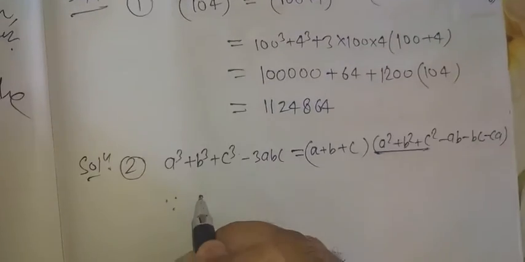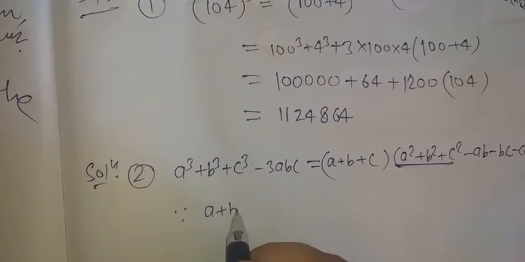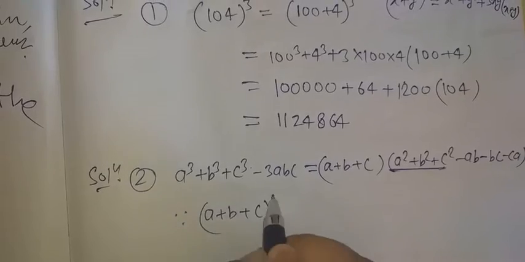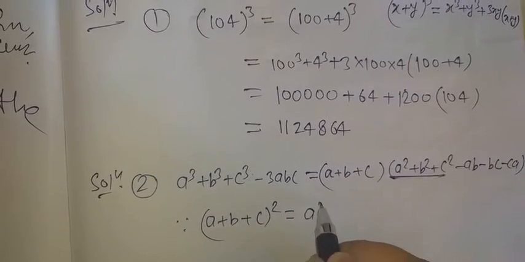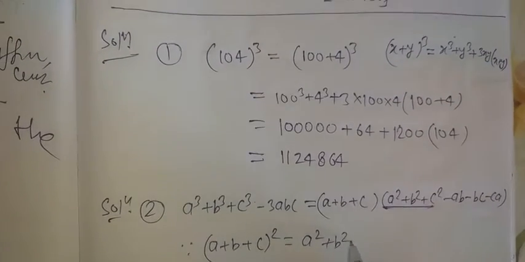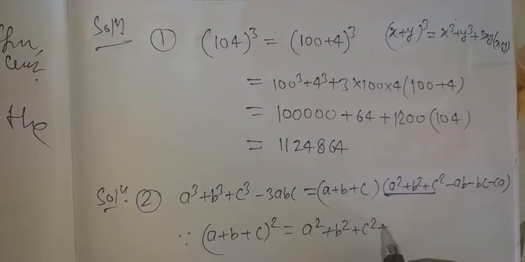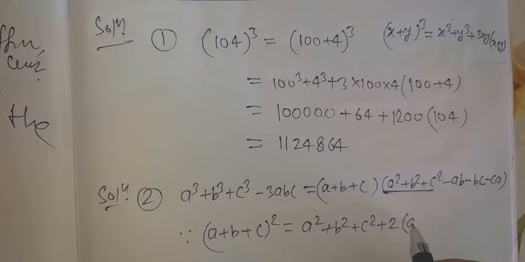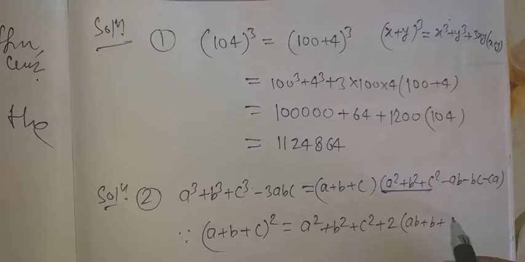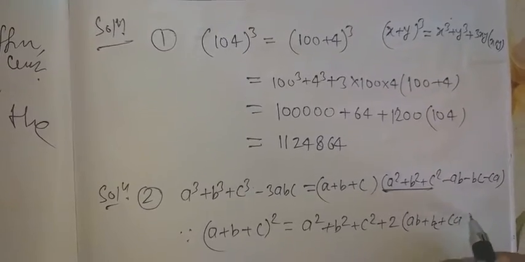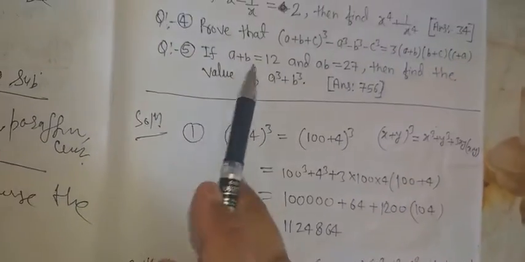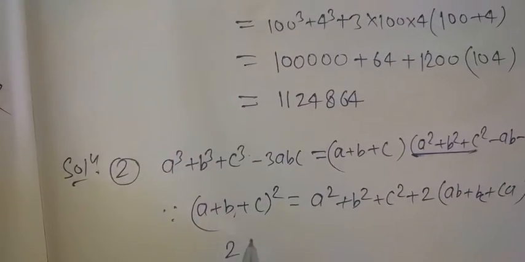Since (a plus b plus c) whole square is equal to a square plus b square plus c square plus 2 into (ab plus bc plus ca). So the a plus b plus c value is given, how much? 5.